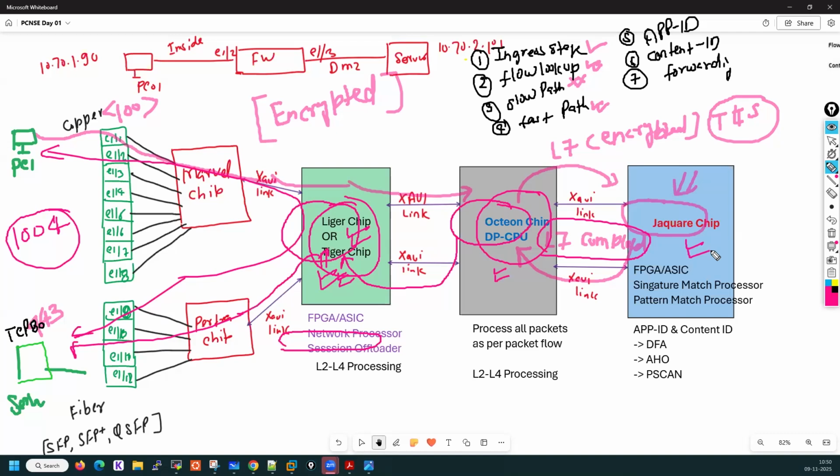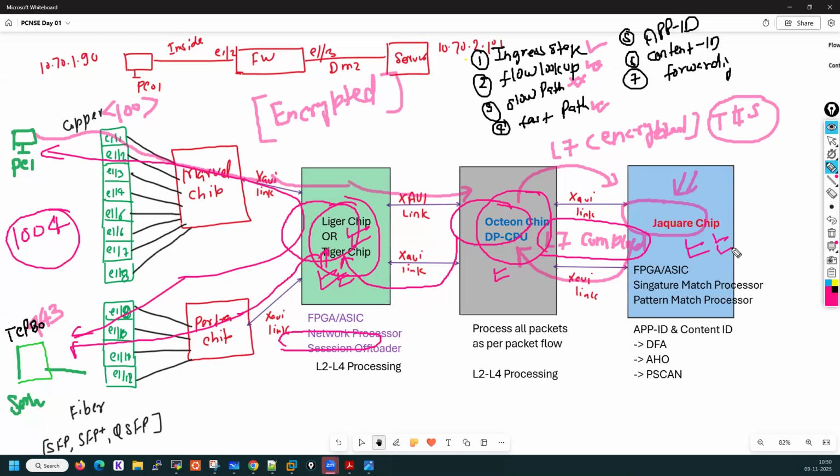You would simply reply, please exclude my name, they are not for me. It's the same thing my Jaguar chip is doing. Please stop sending the packet for this session because I'm not able to read anything. Information is encrypted. Why are you sending?